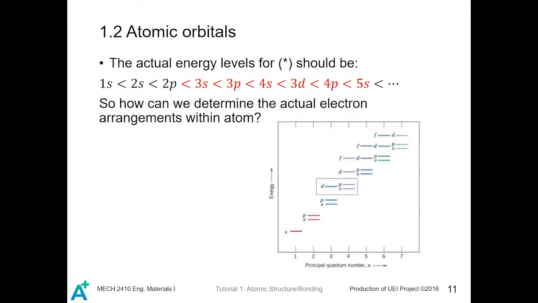The actual energy levels for the examples I mentioned before should have the following relation: 1s, 2s, 2p, 3s, 3p, not 3d but 4s, and then we come back to 3d, and so on. Which is quite different and not that straightforward. So how can we determine the actual electron arrangements within the atom?